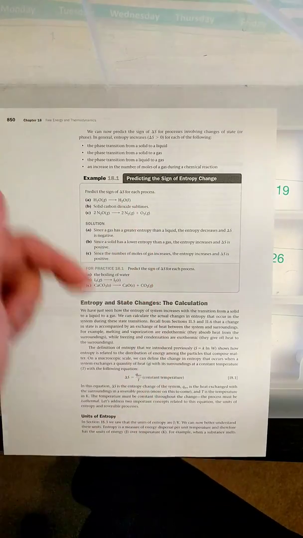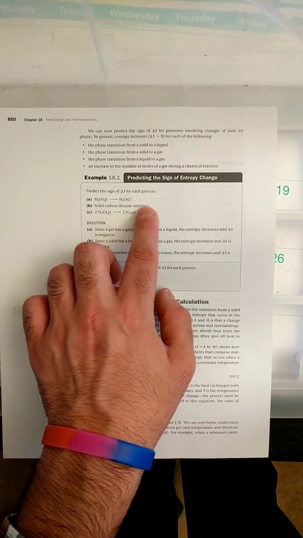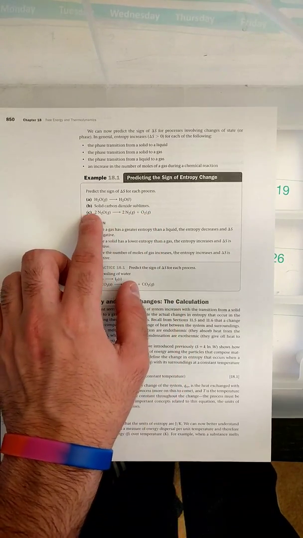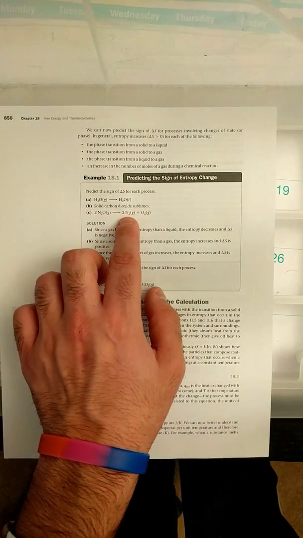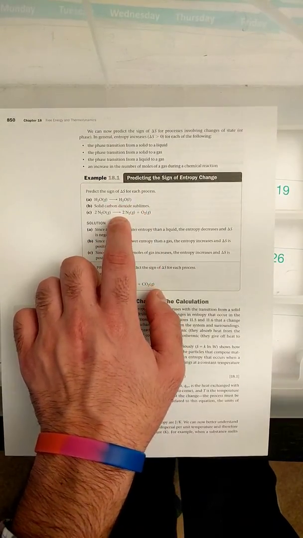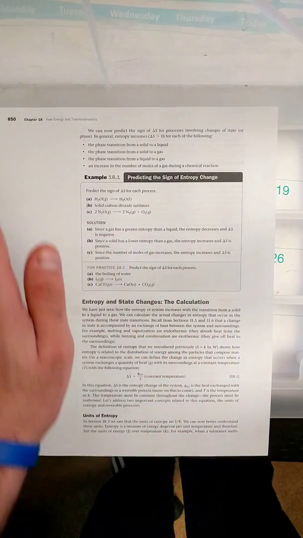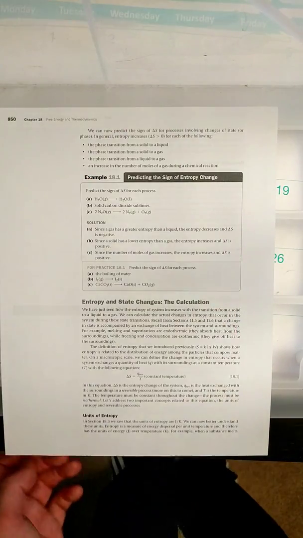This is another way in which you'll read in this section. I have 2 gases on the left side and 3 gases on the right side. 2N2O is 2 gases. 2N2 and 1O2 are 3 gases. This is an increase in entropy. I'm getting more gases, and that's what it's going to say. Delta S is positive.